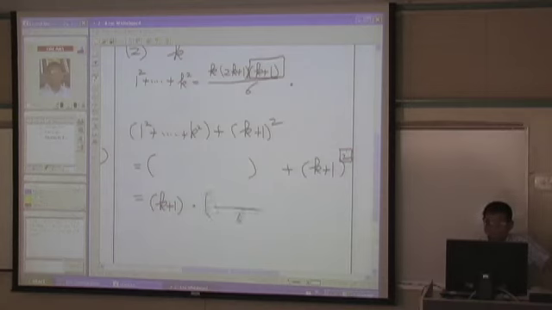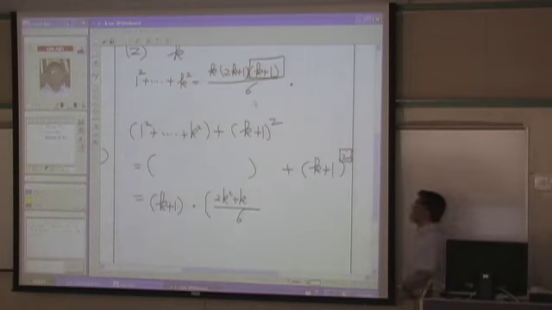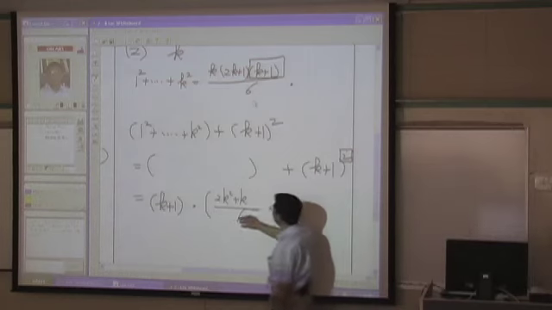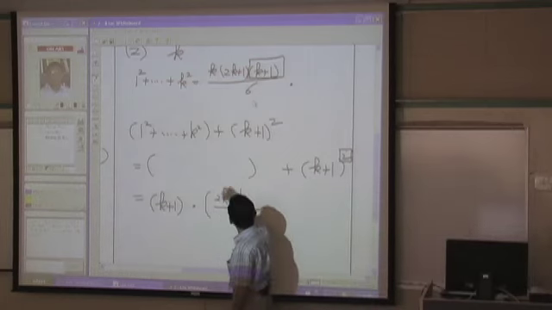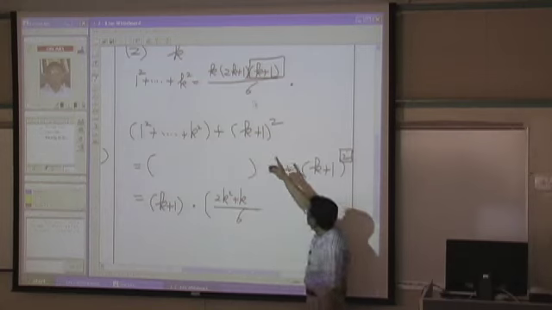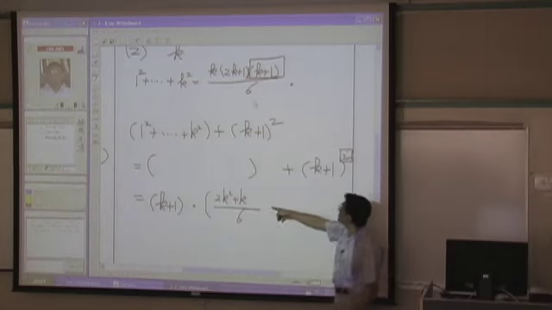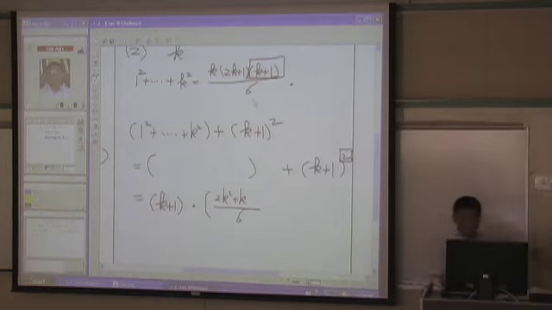This portion is remaining after factoring out k plus 1. And if we multiply this out, then we have 2k squared plus k. And here, because we extracted k plus 1, we will have k plus 1.